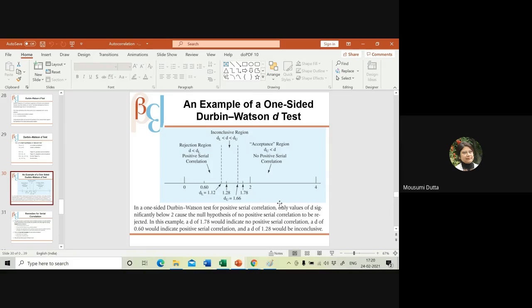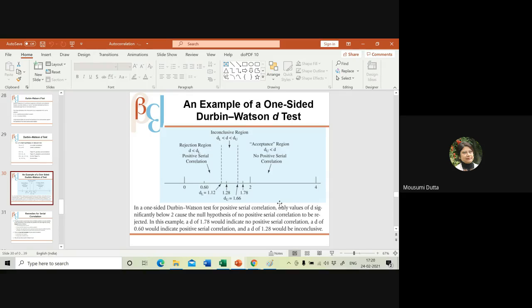So look at this example. For every D statistic you will get DL and DU, and looking at those values you will understand whether your test is inconclusive or whether you can claim there is positive correlation, negative correlation, etc.